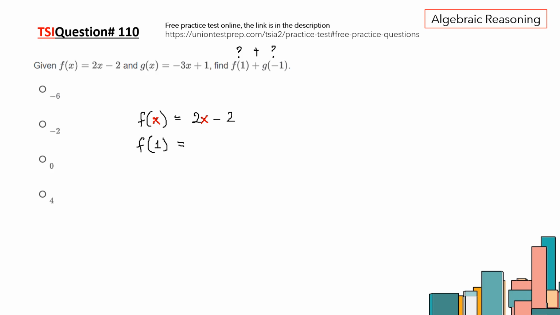Whatever you see in the parentheses, that is your x value. So now let's copy it down: 2, and now I have my x. I keep the parentheses for the x position, minus 2. Now whenever I see x, I plug in 1. Does that make sense?